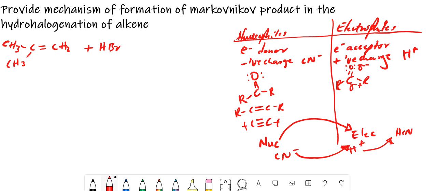So here you can see that we put a full arrow just because this represents a lone pair of electrons. So if it was one electron, as in the example of a radical mechanism, for example we have this kind of a bond and we irradiate this maybe with ultraviolet radiation, and the bond will split this way.